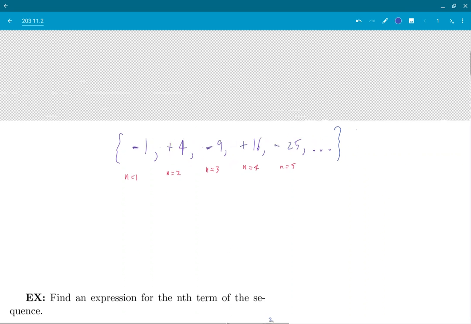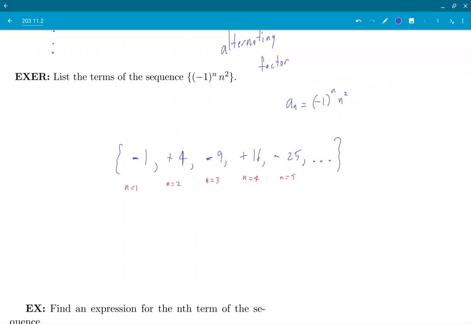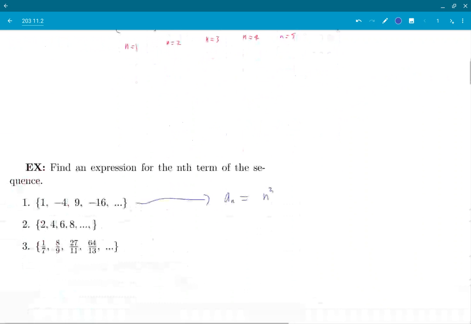So I should take a peek at what this was. Up here I had this expression, so I need to modify that. What I'm going to do is change this exponent to n plus 1.